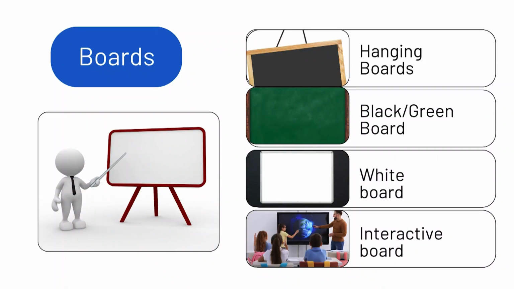They are computer display cum boards. So you can write on the board, and at the same time you can display on the board. You also have the possibility to record what you are writing on the board along with the display. So part of the board can be used as a display device, and the other part as a writing device. This interactive board is now more in trend with the advancement of technology in the classroom.